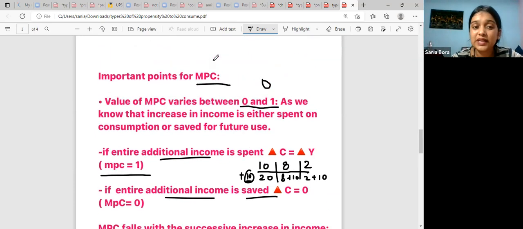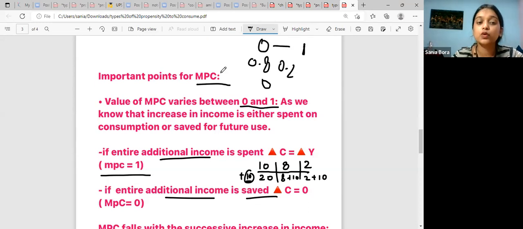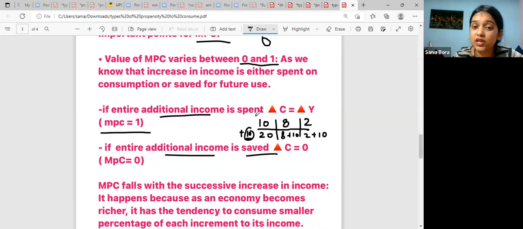As I told you, the value of MPC varies between 0 and 1. It can be 0.8, 0.2, whatever it is. But when will it be 0 and when will it be 1? When you use your entire additional income on consumption, that means change in consumption equals change in income.